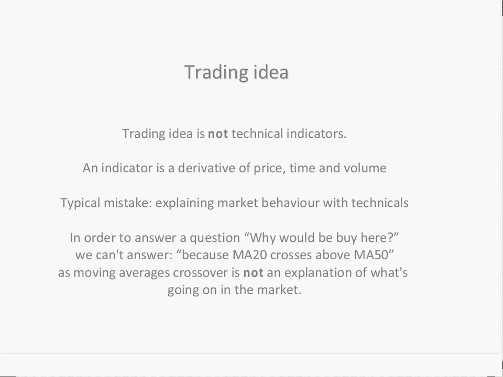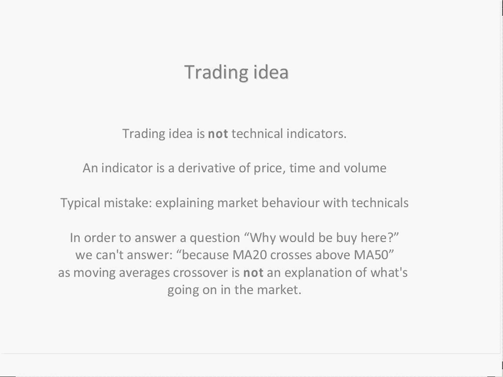First is the trading idea. It's important to understand, even if we talk about technical analysis, even if we talk about automated trading systems based on algorithms, the idea is not technical indicators or any indicators at all.